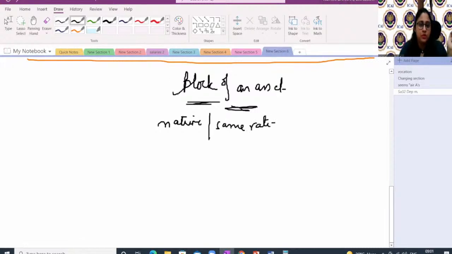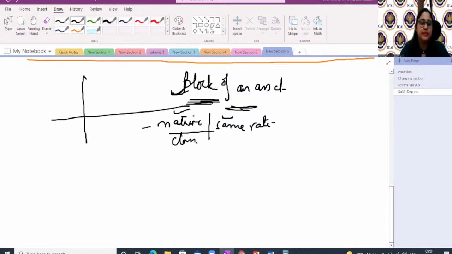So first, before going to the block, we'll discuss the nature and the rate. There are typically 4 classes of assets in income tax, divided into 4 different categories.